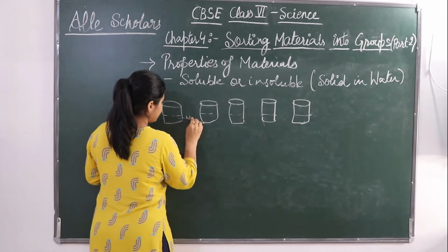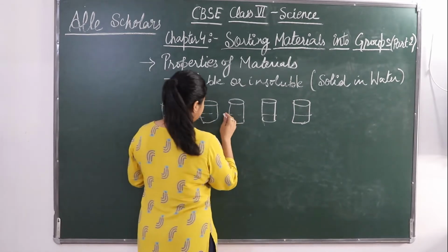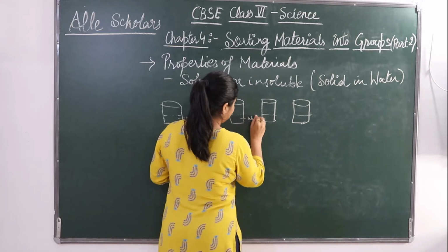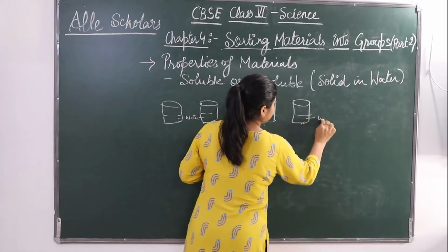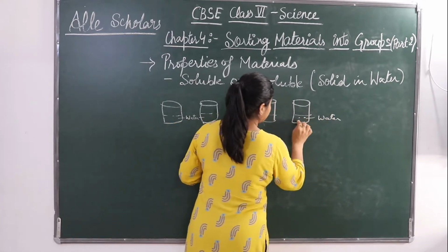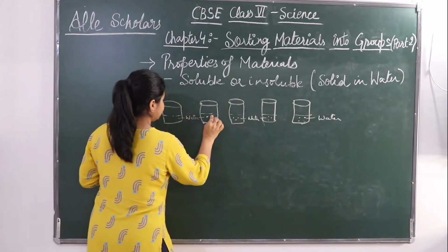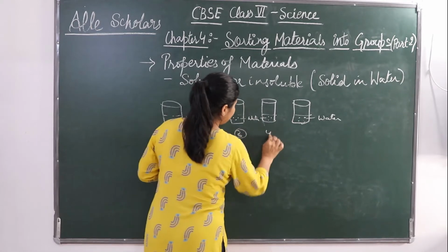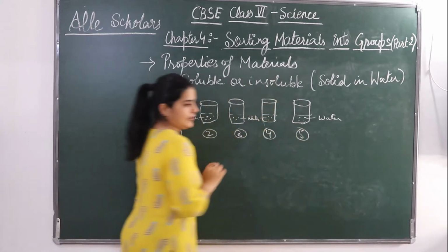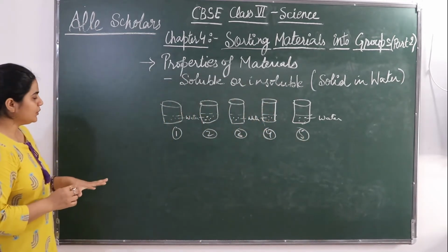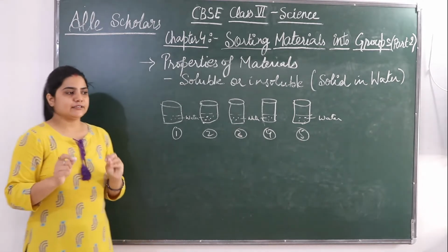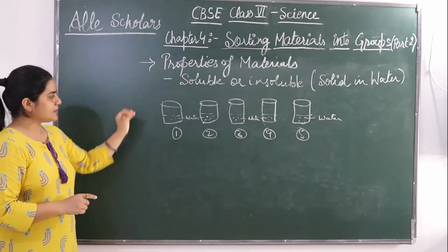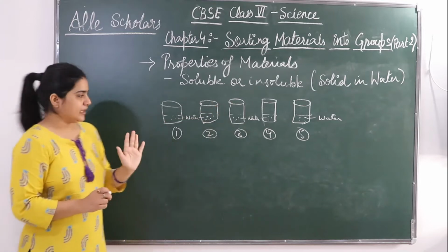So here is the water, and here is the water. So beaker 1, 2, 3, 4 and beaker 5. Now, secondly, you have to add a small amount of a different substance to each beaker.